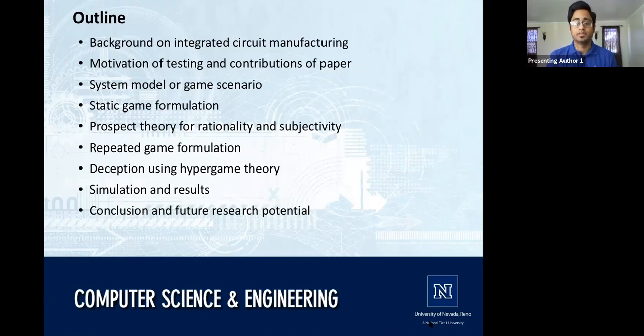Further, I'm going to introduce the system model or game scenario, and then the static game formulation. Then I'll introduce prospect theory, which models human subjectivity and rationality, and go into a repeated game formulation. Then I'm going to showcase deception using hypergame theory, which is the biggest topic I'm proposing in this paper. Further, I'll go into our simulation and results, and finish with a conclusion and future research potential of this paper.